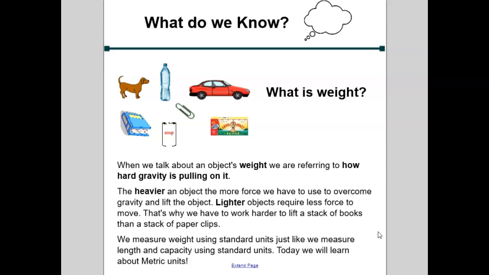We measure weight using standard units, just like we measure length and capacity using standard units. We know that there are two systems that we use to measure an object's weight. We use the customary system that we learned about yesterday. And we also sometimes use the metric system that we're going to learn all about today.